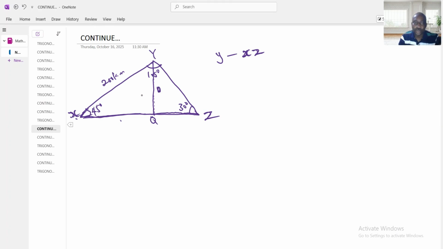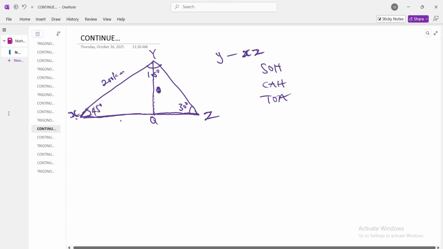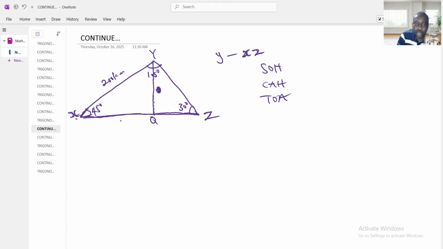To solve this question, there is something called SOHCAHTOA. If you look at this side, this is the opposite. It is the missing one the question says we should find: the distance between Y and XZ. That's what we are looking for. And the question has given us the hypotenuse already, which is 200 kilometers.